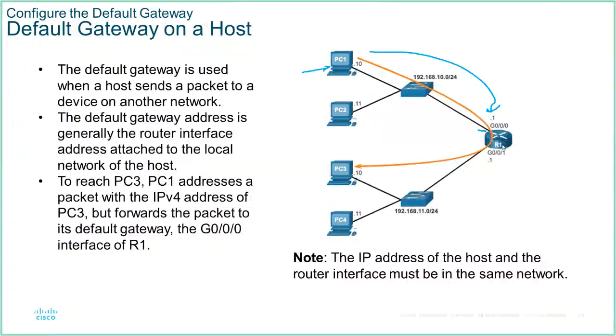Then router 1 will use its routing table to look it up and go, I can send it out this interface to get to PC3.